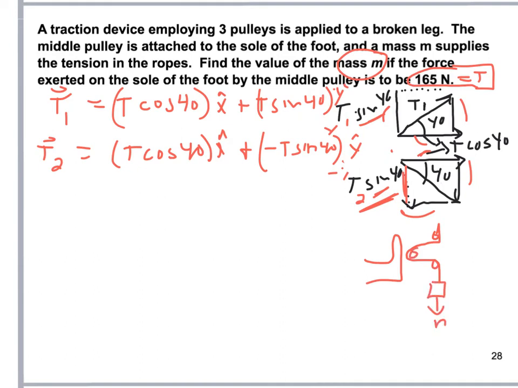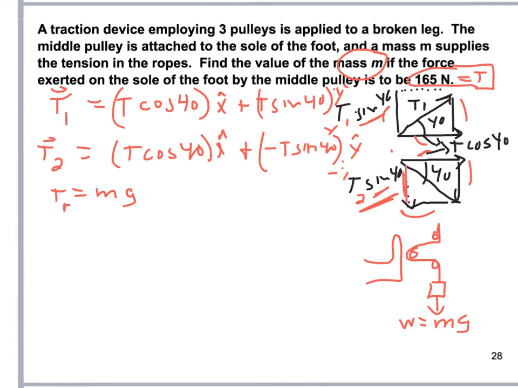That mass has a weight, and that's also in the y direction. The tension in the rope is the weight, so weight equals mg. The top and the bottom pulleys are exerting the force on the string that's pulling the sole straight forward.